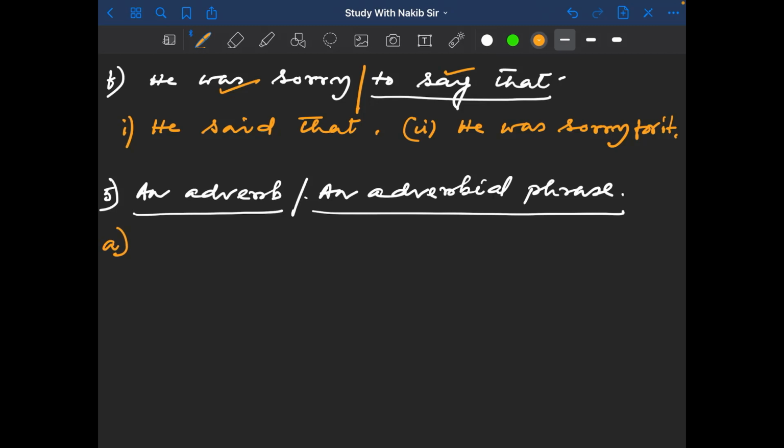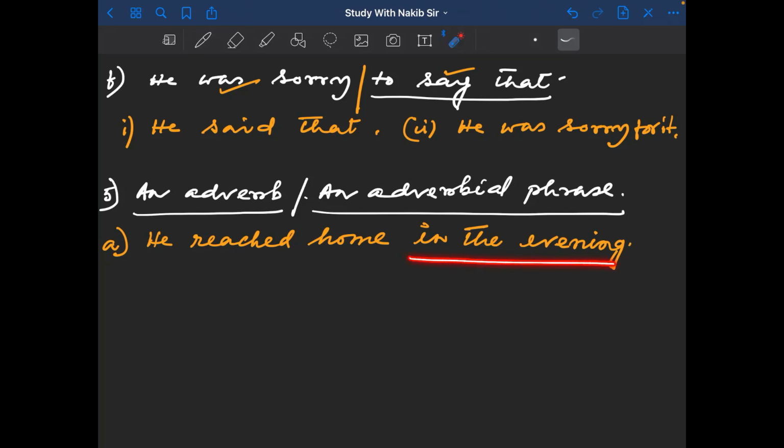He reached home in the evening. He reached home in the evening. Okay, so in the evening is an adverbial phrase because it is indicating the time.